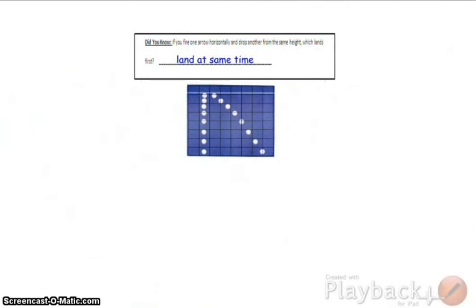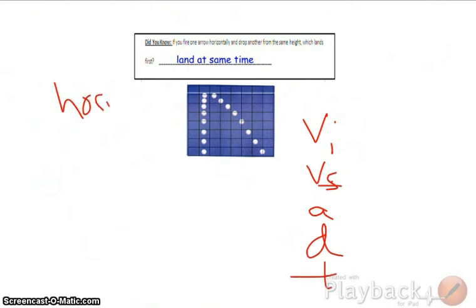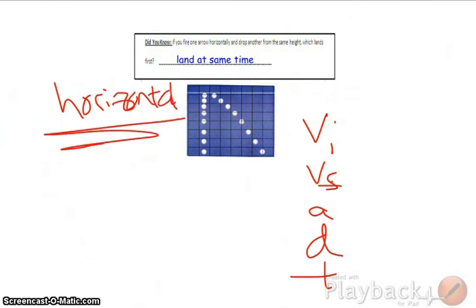Now, an interesting point. If you fire an arrow horizontally and drop another arrow from the same height, they land at the same time, which makes sense because of VI, VF, A, D, T. Horizontal has no effect on the vertical.